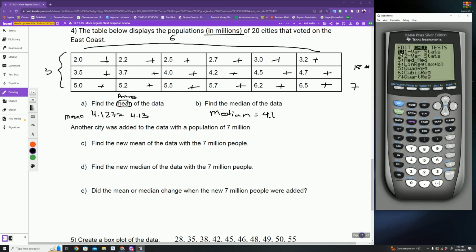Go over to Stat, hit Calc, go to one variable statistic, enter. Now our new mean is 4.278, which I'm going to round to approximately 4.28.